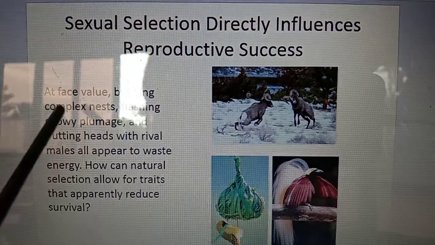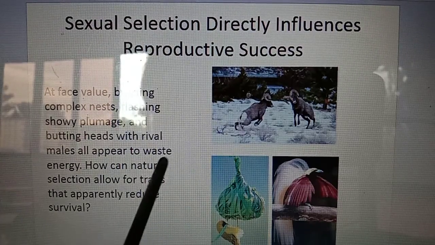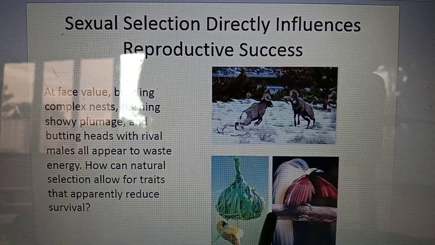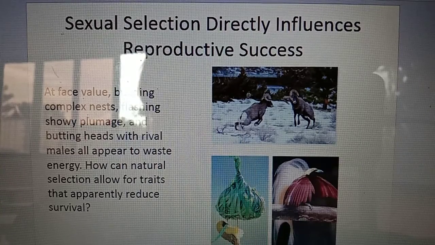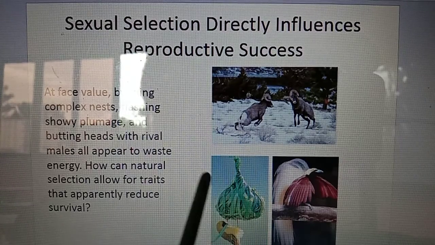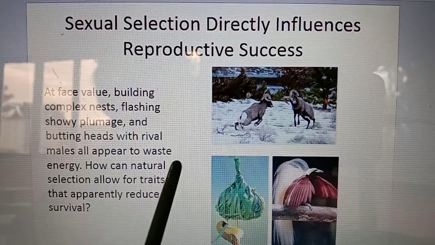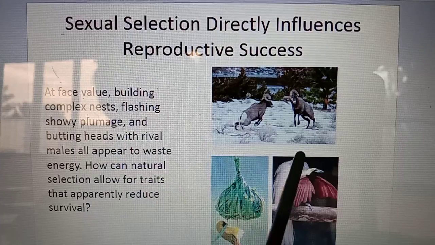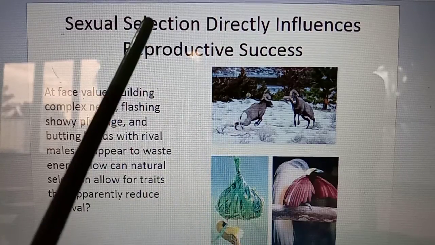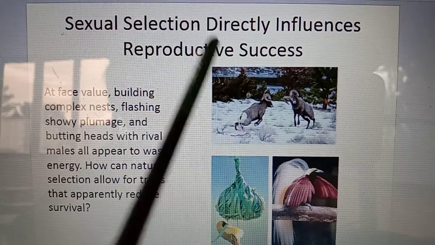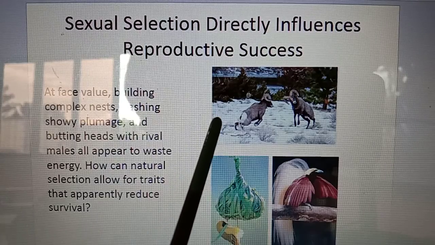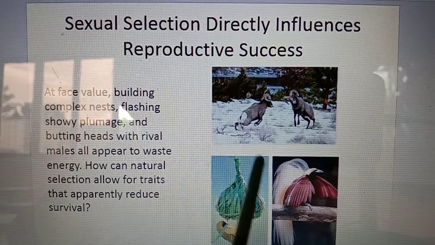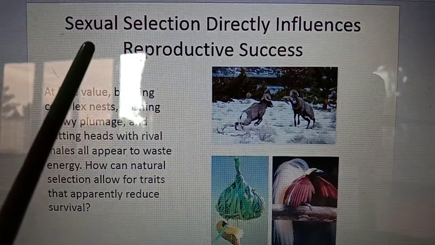Sexual selection is a type of natural selection resulting from variation in the ability to obtain mates. You see there are animals that, if they are not strong, are not able to win a mate. So it depends on their health and their strength and their ability.